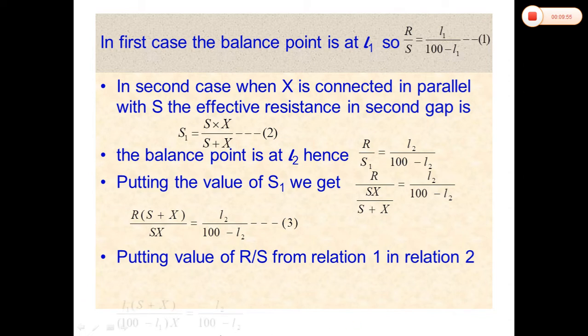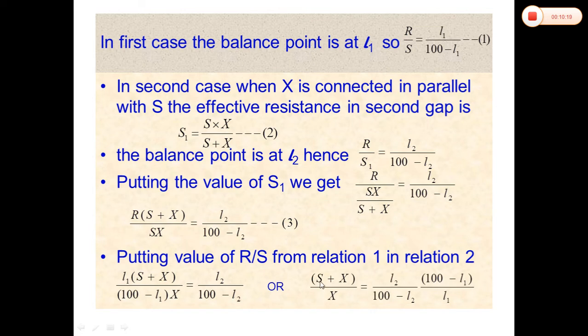So putting the value of R upon S, that is L1 upon 100 minus L1, we get L1 upon 100 minus L1 into S plus X divided by X is equal to L2 upon 100 minus L2. Now simplify this one. We take L1 and 100 minus L1 on the right side.